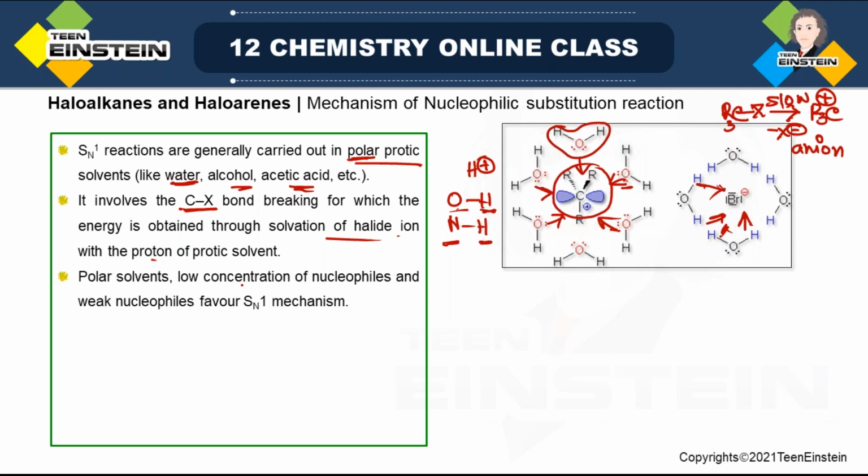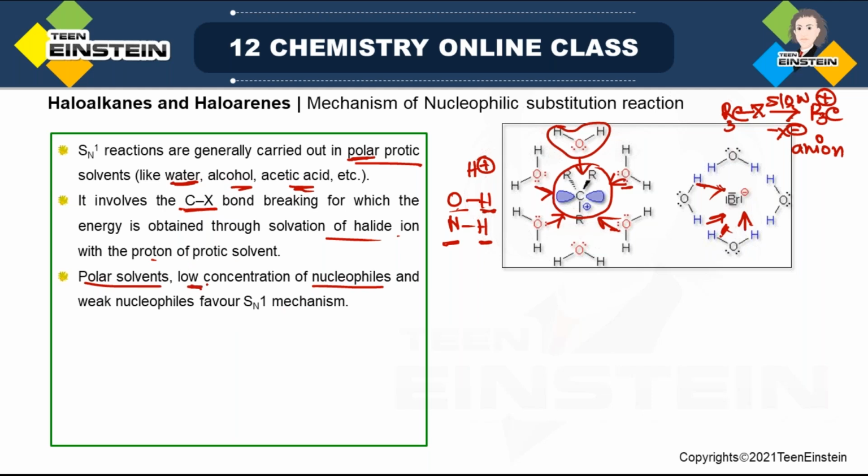Now polar solvents, low concentration of nucleophiles and weak nucleophiles, all these factors can favor the SN1 mechanism. So you have to take a polar solvent, then the concentration of nucleophile, which is basically in the second step, should be low.